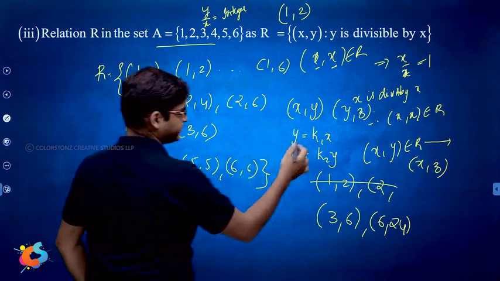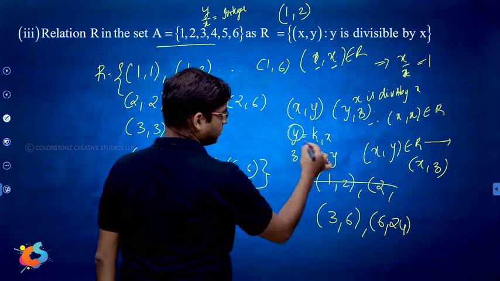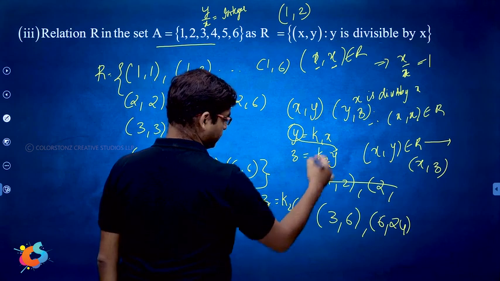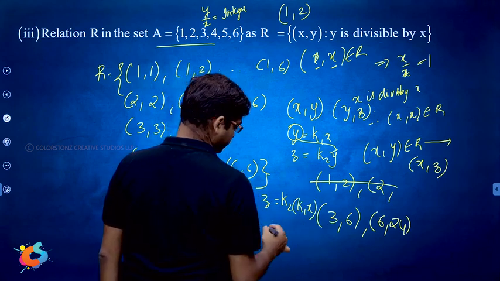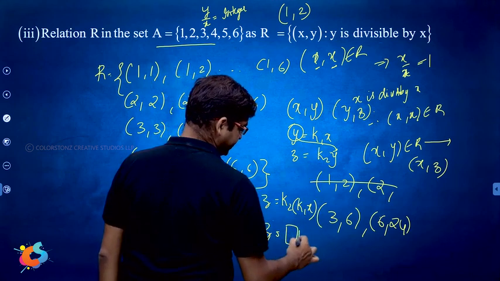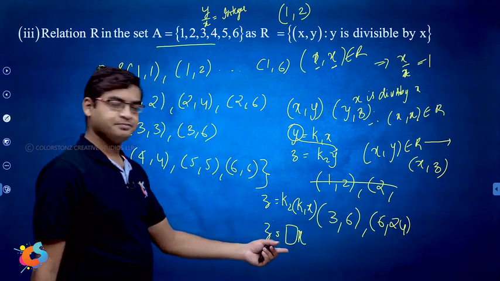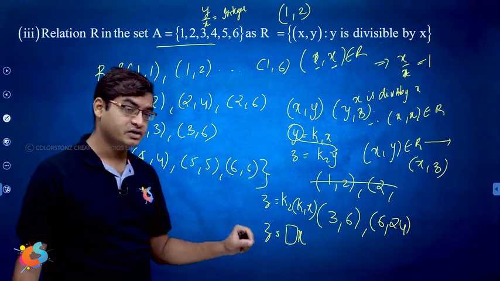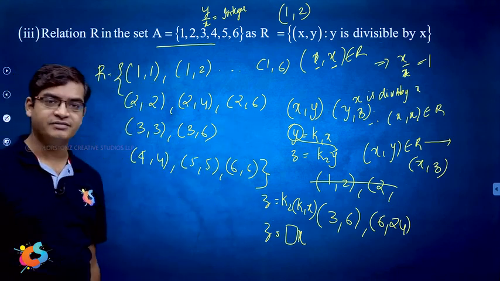Yes. How? You put this Y here. So therefore Z is equal to K2 into K1X. So therefore Z is equal to some integer times X, means X divides Z, means X comma Z will belong to our relation, means this is a transitive relation.